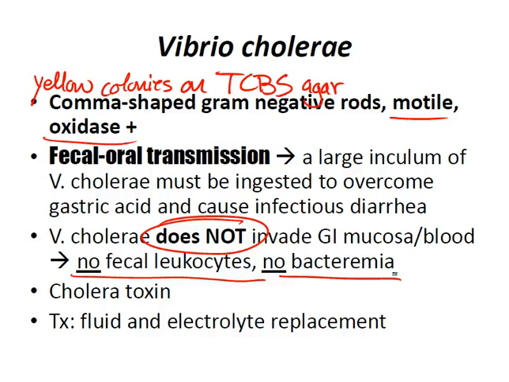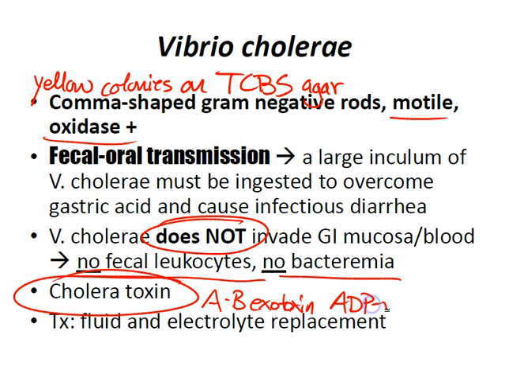Strains infected by the lysogenic bacteriophage produce the cholera toxin. Now, the cholera toxin is a heat labile AB exotoxin that ADP ribosylates and activates Gs alpha.